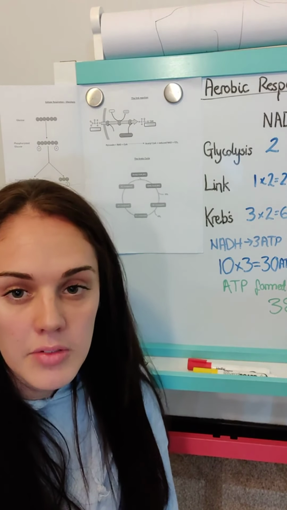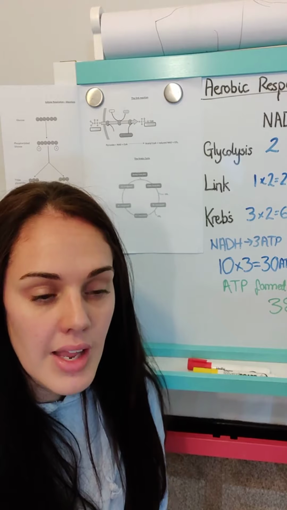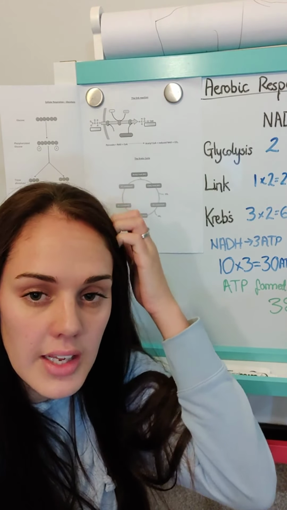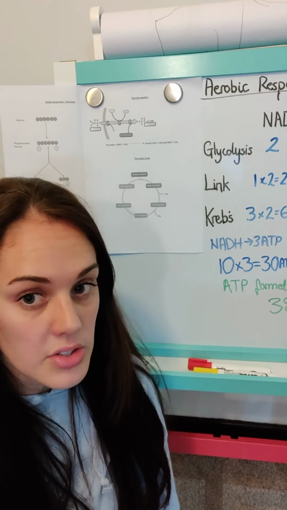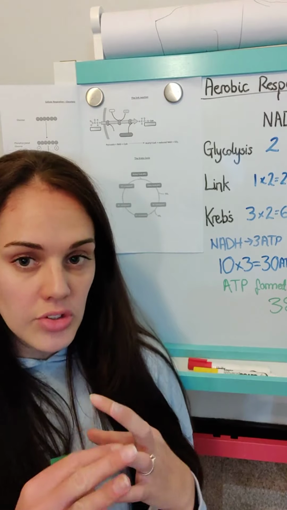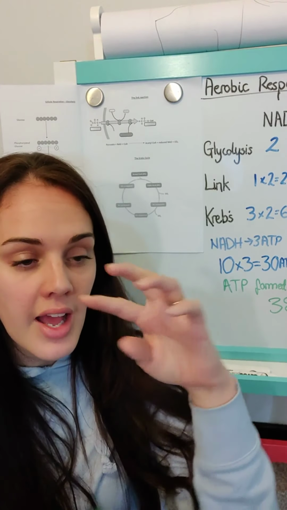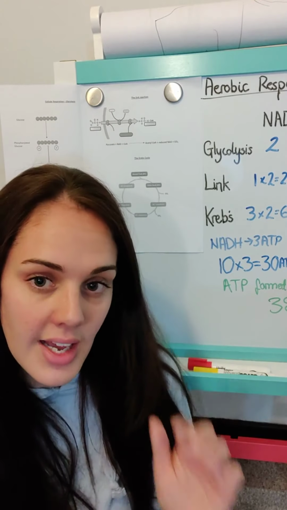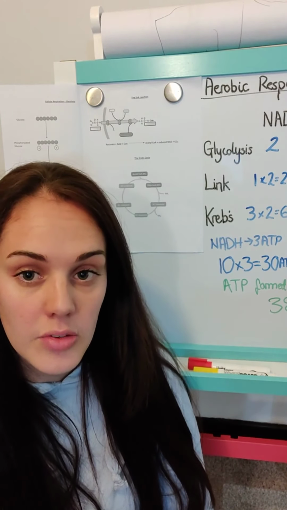Oxygen is being used. Remember, oxygen was the final electron acceptor. Okay, remember that phrase, oxygen's the final electron acceptor. So that's oxidative phosphorylation. It's a complex process where electrons are moving, protons are moving, oxygen is needed, and in the end, a phosphate is added to ADP, and that forms ATP.